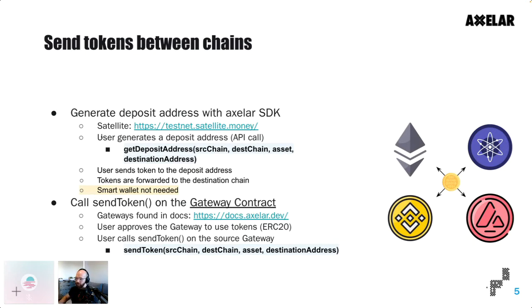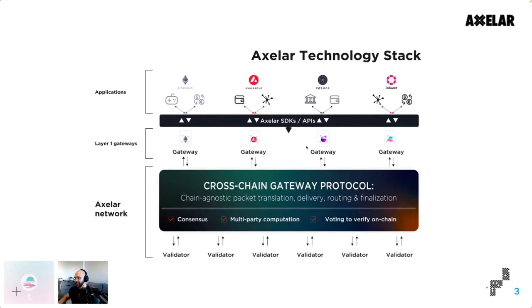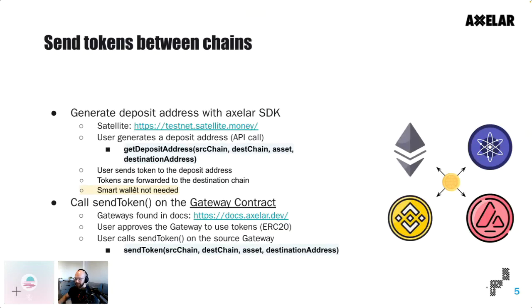The other way of transferring tokens is calling the gateway directly. Our gateways, again deployed on different chains, support different functions, for instance the send token function. It allows the gateway to spend your ERC20 tokens, burn them, and mint them on the destination chain.